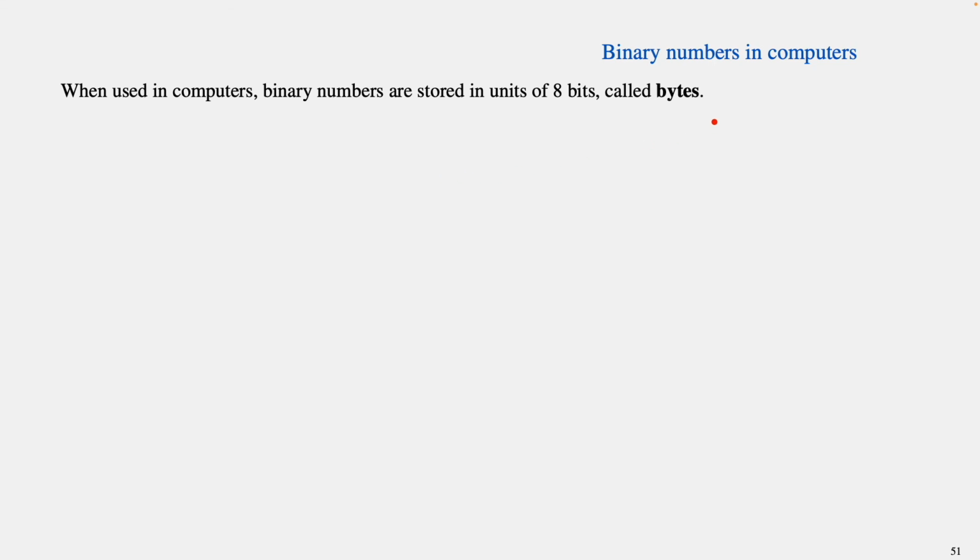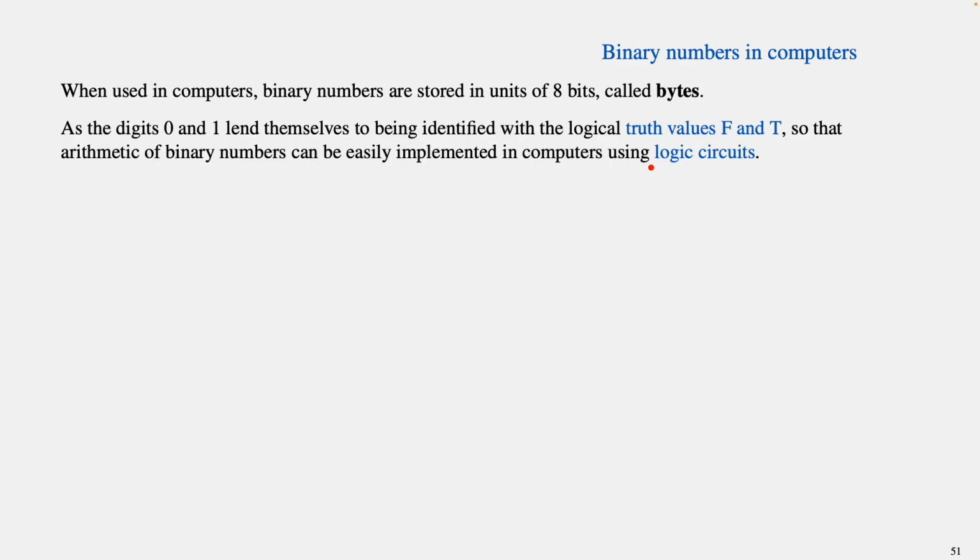And when used in computers, binary numbers are stored in units of 8 bits called bytes. So you have, of course, heard of this. And as the digits 0 and 1 can be identified with the logical truth values false and true, the arithmetic of binary numbers can very easily be implemented in computers using logic circuits, because logical operations can easily be represented in circuits by having electricity on and off, a current switched on, switched off, something like that.